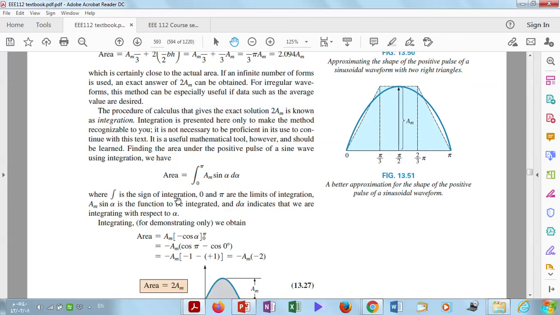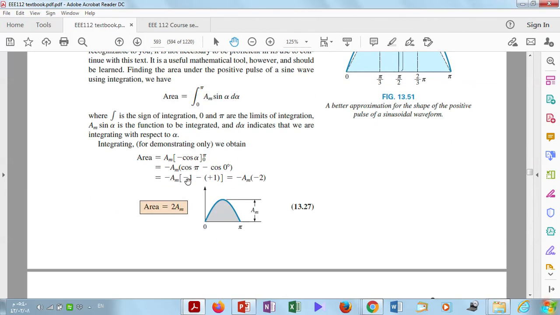If you go through the integration steps, you will get the area equal to 2 Am. For any sine wave, the first half from 0 to pi, the area is the peak multiplied by 2, 2 Am.